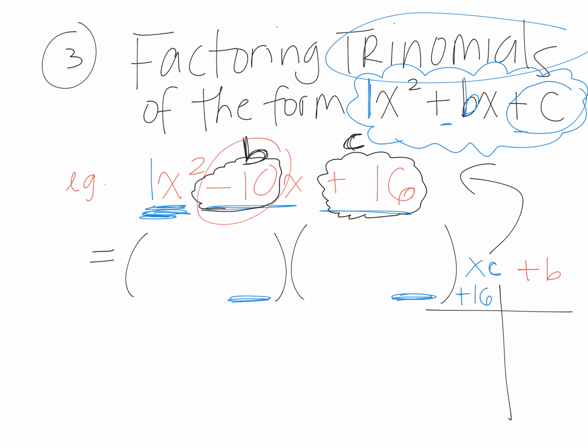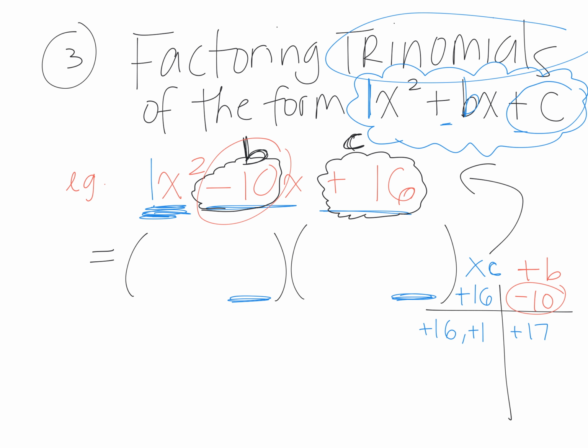Would 16 times 1 work? Let's list factors of 16. 16 times 1 is 16, right? But when I add positive 16 and positive 1, what do I get? What's 16 plus 1? 17. Is that the middle term? No. So that doesn't work. Write down all the factors of 16.